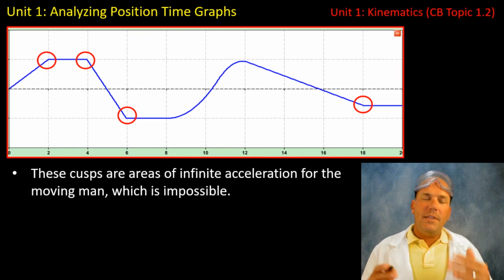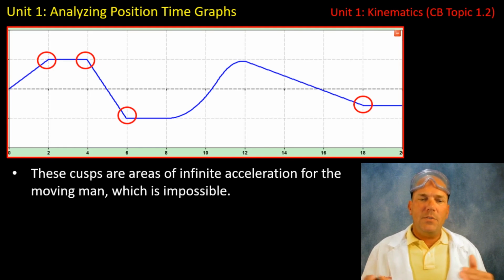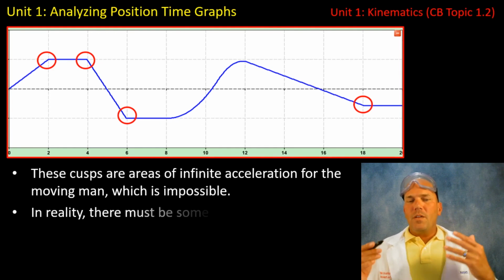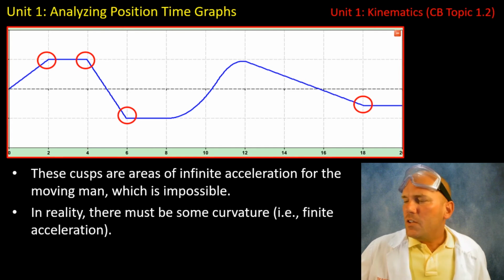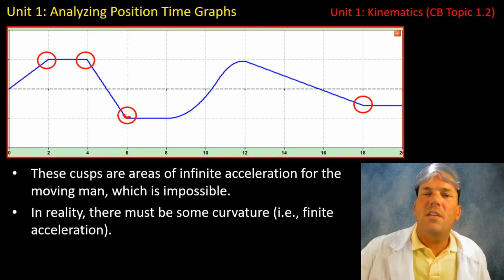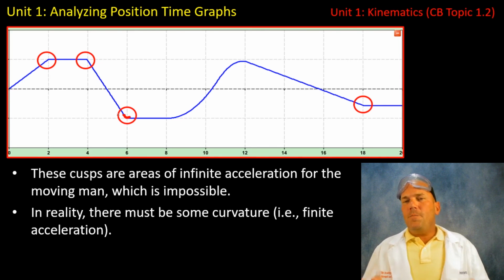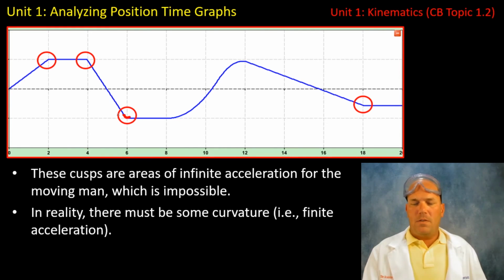The same holds true for these other cusps on this graph. To be more realistic, there should be some sort of curvature there, some tiny finite amount of acceleration. So it's important for me to point this out.